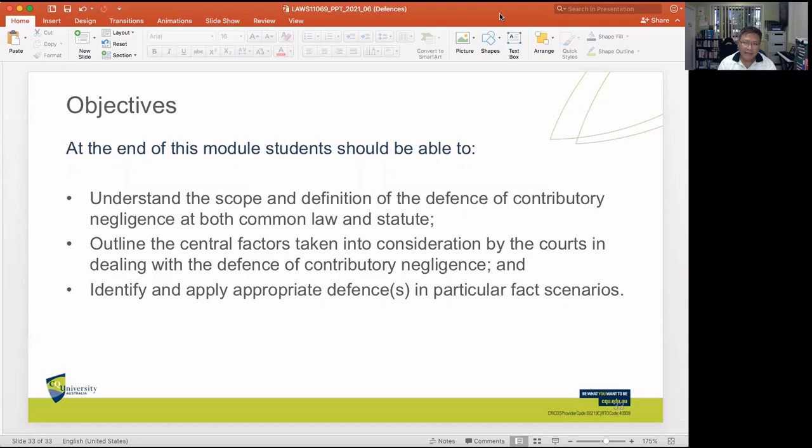So at the end of this module, students should be able to understand the scope and definition of the defense of contributory negligence at both common law and statute, outline the central factors taken into consideration by the courts in dealing with the defense of contributory negligence, and identify and apply appropriate defenses in particular fact scenarios.